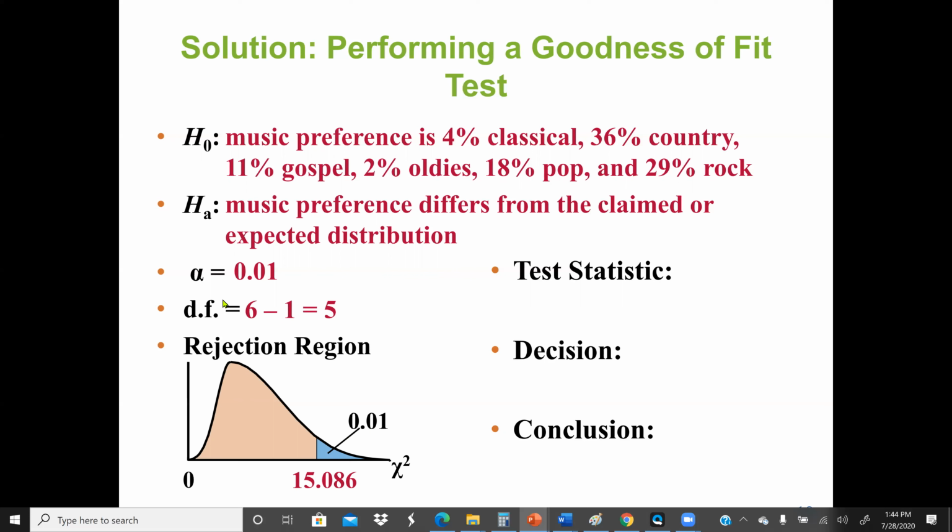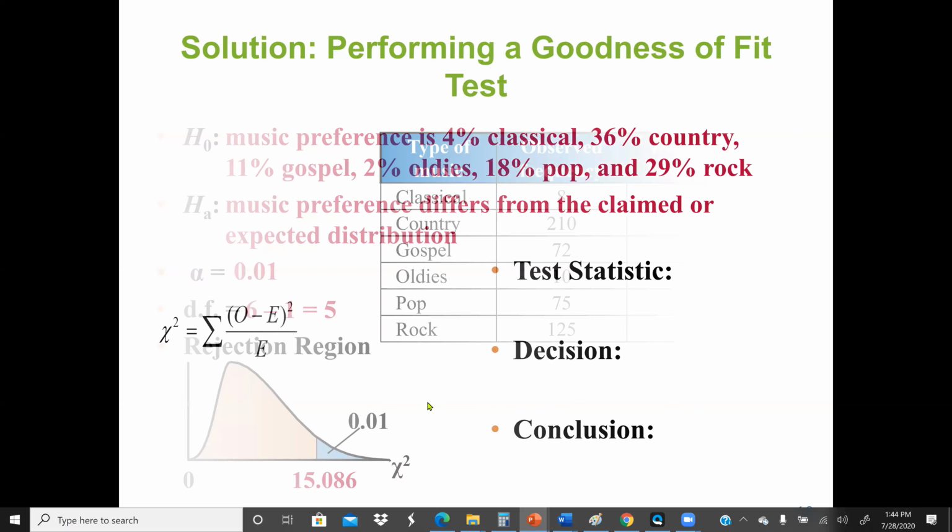You go to the chi-square distribution table, look at row 5 because degree of freedom is 5, then go to the column for 0.01. The intersection of the two gives you 15.086. Now I need to find the test statistic. If the test statistic value is greater than 15.086, it will be in the blue region. Otherwise, it will be in the brown region. So either reject or accept.